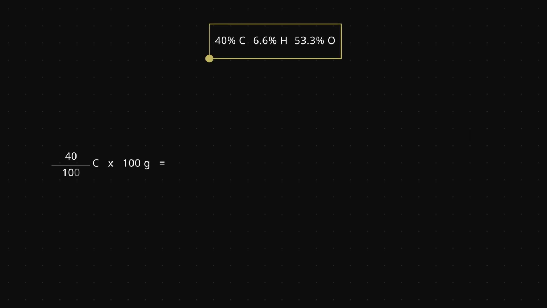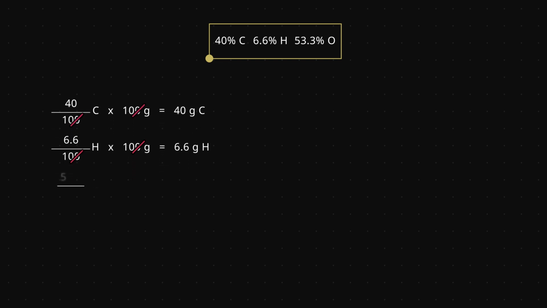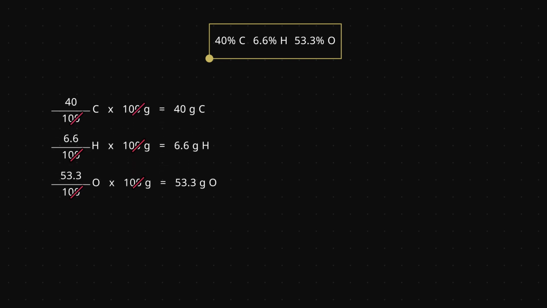This means there are 40 grams of carbon, 6.6 grams hydrogen, and 53.3 grams of oxygen in our 100 gram sample. If I want to know the molecular formula for this, I need to know the number of carbon, hydrogen, and oxygen atoms, not their masses.